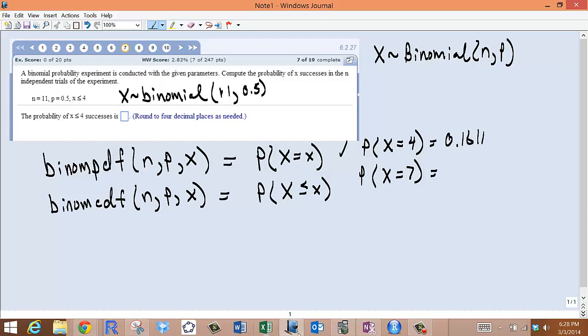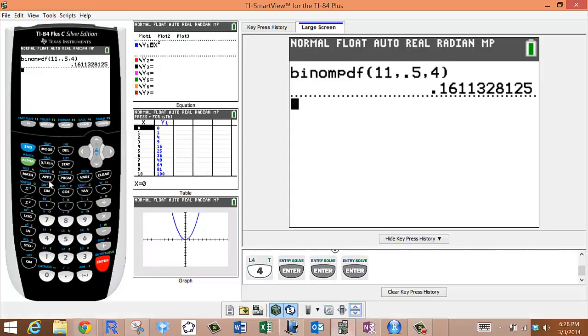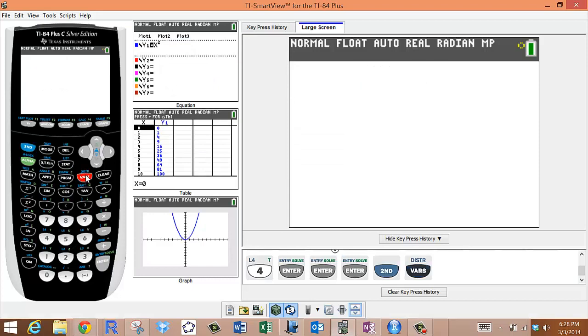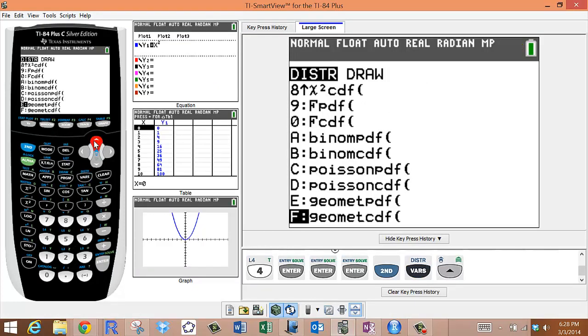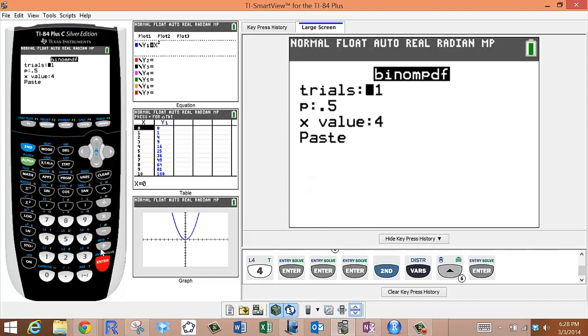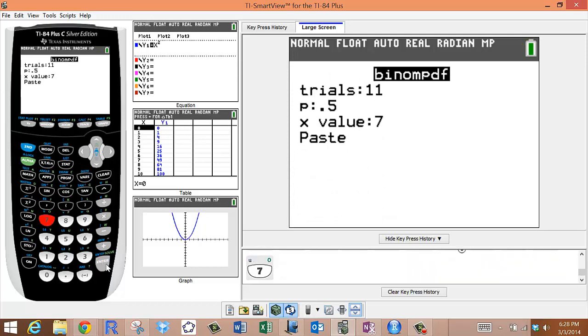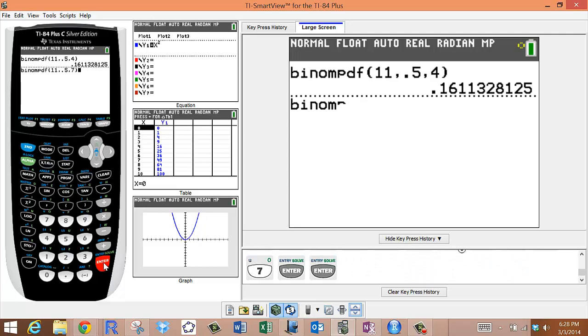Okay, so again, we just go back to our binomial distribution. And n, p, and x this time is 7. Enter.